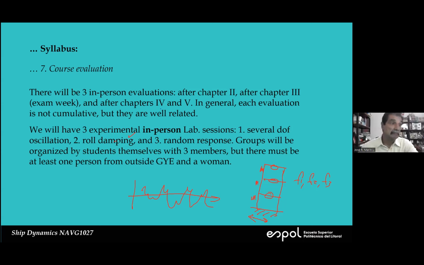It's a nice amount, right? Because we could have a nice competition. But anyway, I need each group to have at least 1 person from outside Guayaquil, and at least 1 woman. In a minute, we're going to allow you to introduce yourselves so we can know who is from outside. That's a good way to integrate.